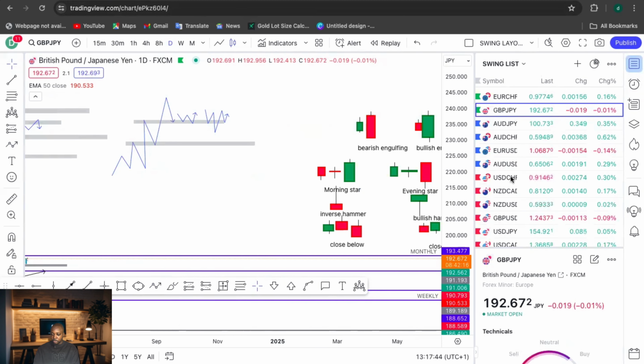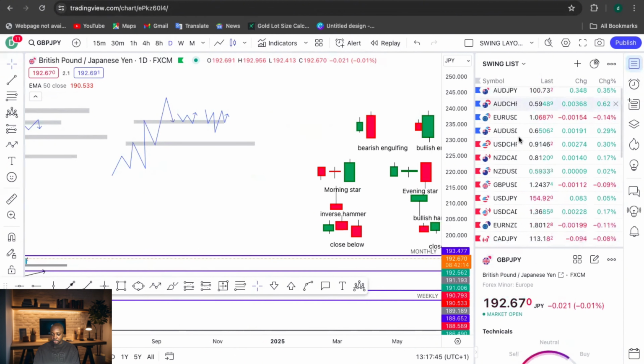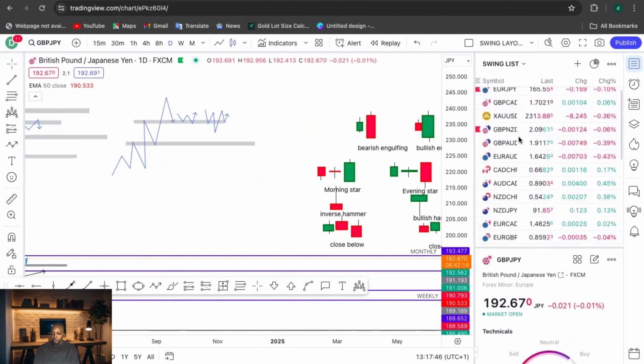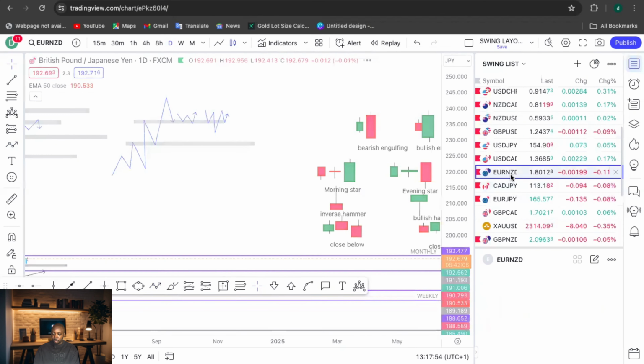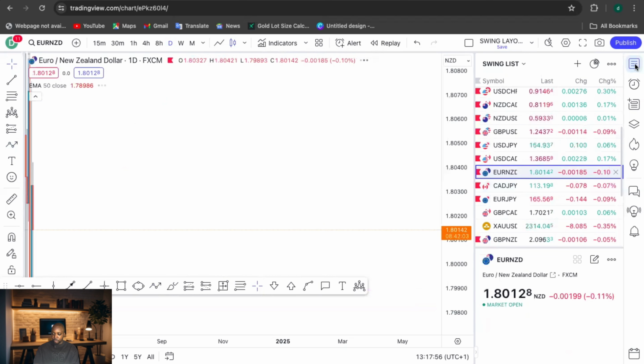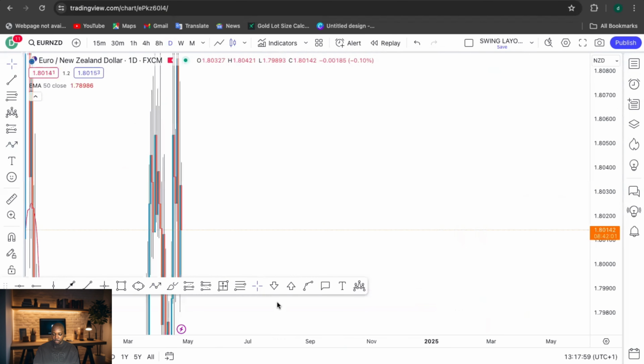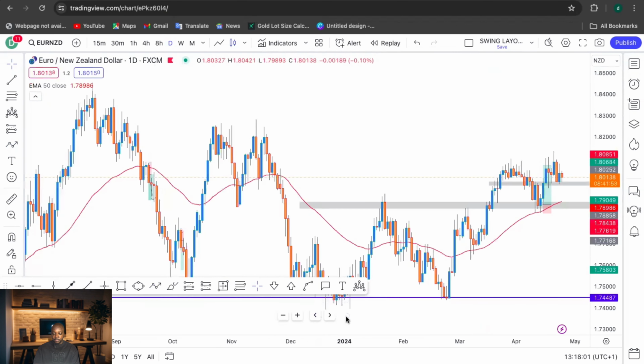That will be easier for me to remember and cite my examples off of. Let me go with the Euro NZD trade, and it will be easier to cite examples with these ones that are pretty fresh in my memory.